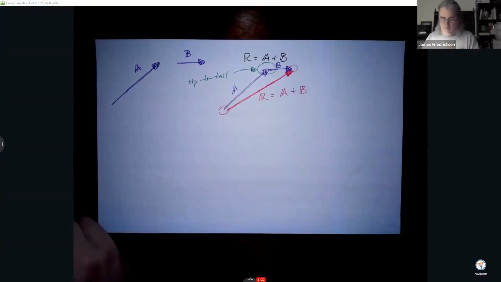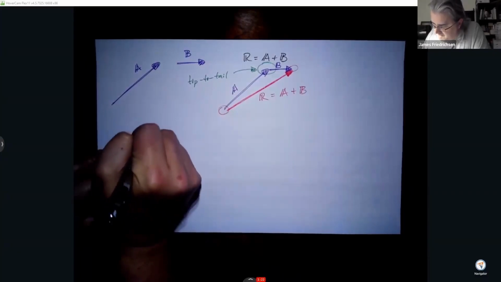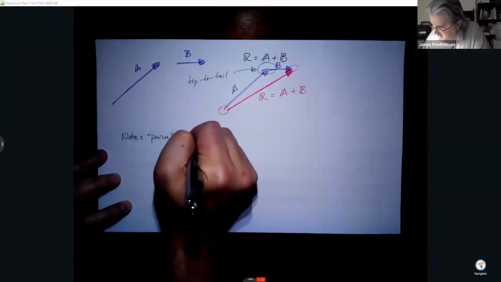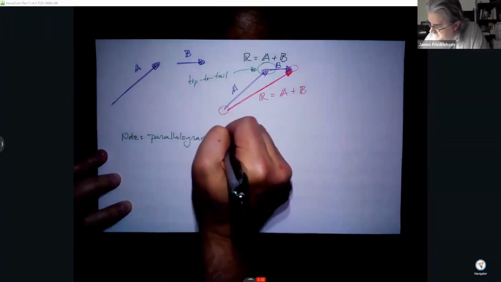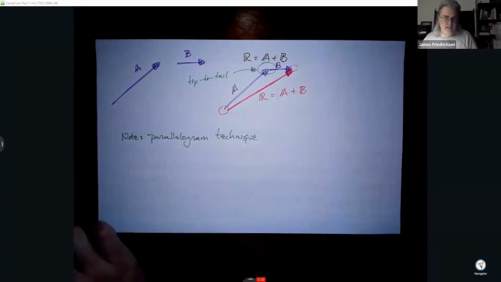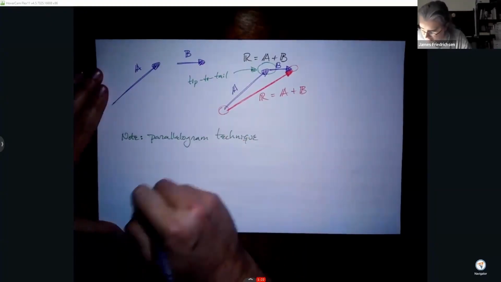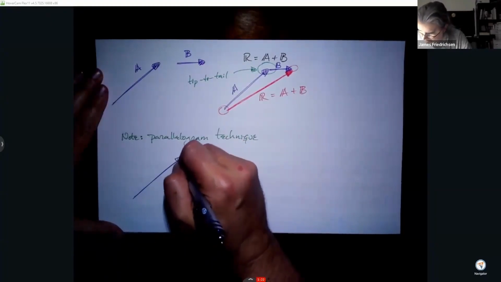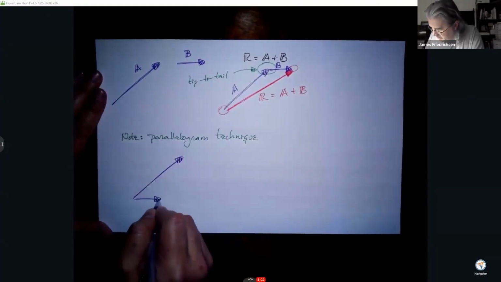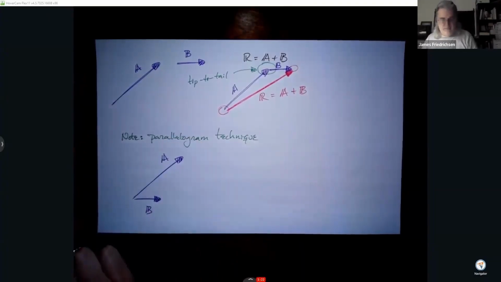Okay. And so what we're going to make a note on is the parallelogram technique. Okay. And so the way that technique goes is we're going to draw in our vector A, and we'll draw in our vector B. Now, the big difference here is that we're going to place them tail to tail instead of tip to tail.